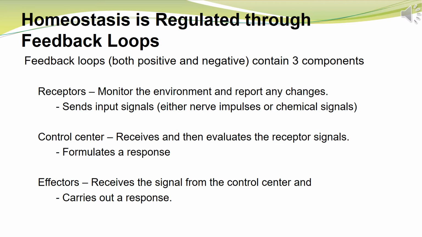And lastly, we have the effectors, which receive the signal from the central control center and carry out a response. So this would be sort of like a reflex, except that we would receive the information with the receptor, which would only go to our spinal cord and just loop straight to the effectors, so we can respond with a knee jerk or any other kind of reflex.